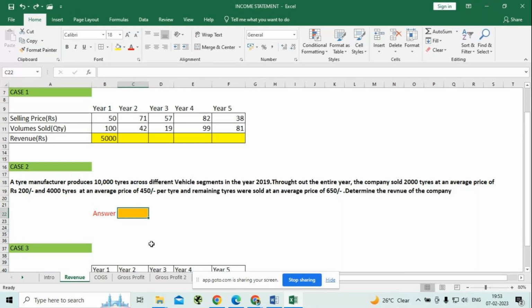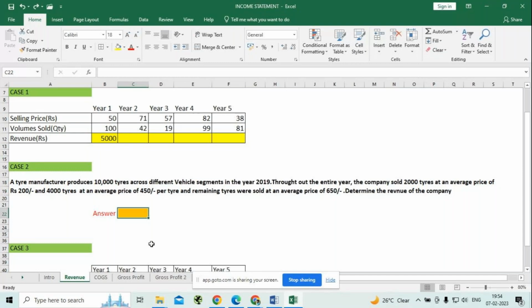A tire manufacturer produces 10,000 tires for the different vehicle segments. In 2019, throughout the entire year, the company sold 2,000 tires at an average sales price of rupees 200.